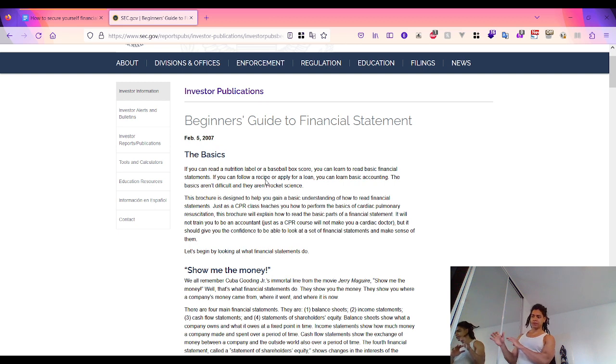Then you have a series of deductions, or a series of expenses. Typically, after the net revenue you have the cost of sales, so how much money a company spent to produce the goods and services they sold.